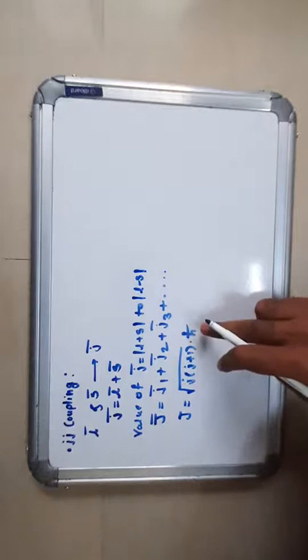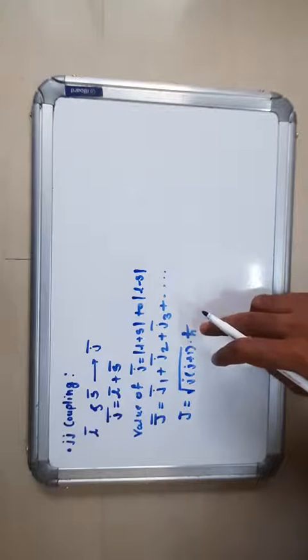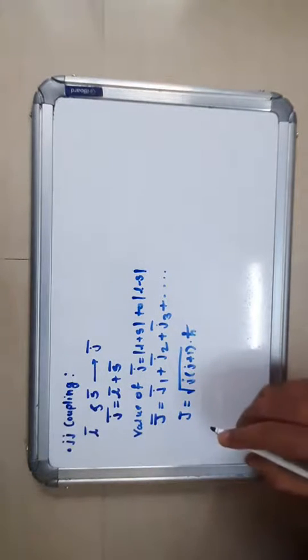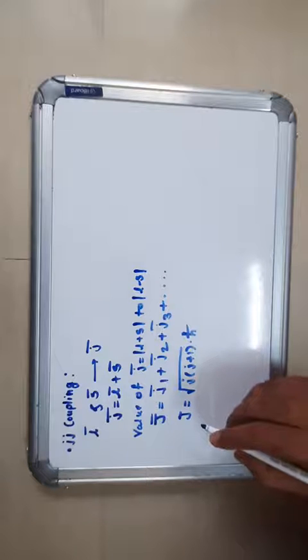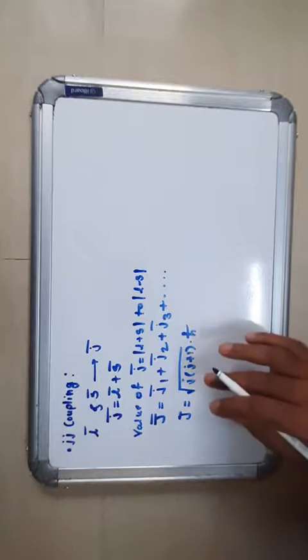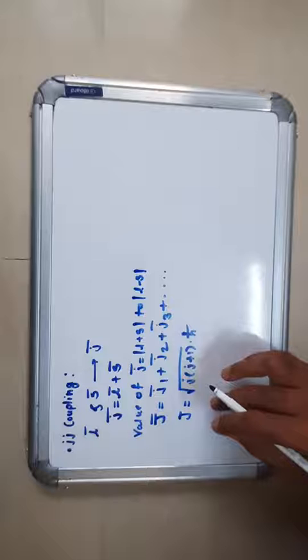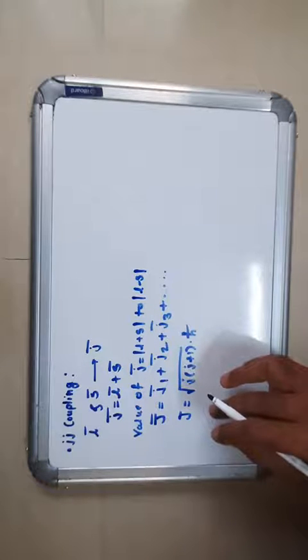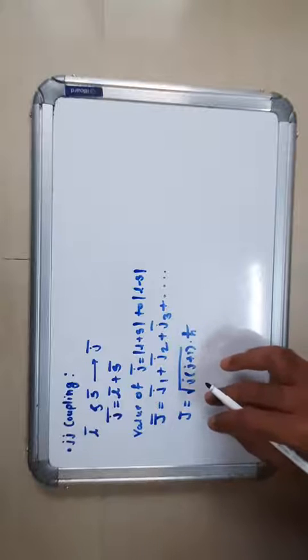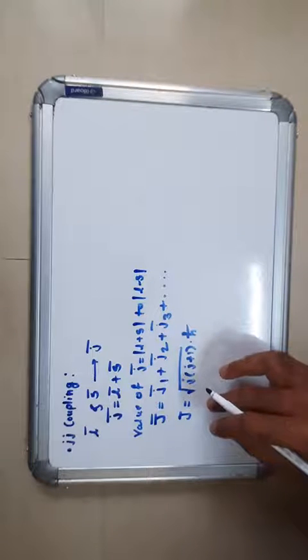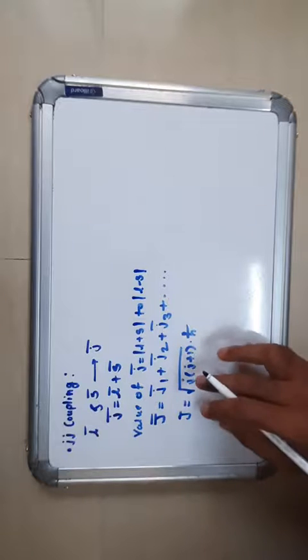It is also called h cut or h bar. The total angular momentum J bar can be oriented in space with respect to a given axis in 2J plus 1 directions. The component of any orientation along the axis is m h cut, where m takes values from plus J to minus J.